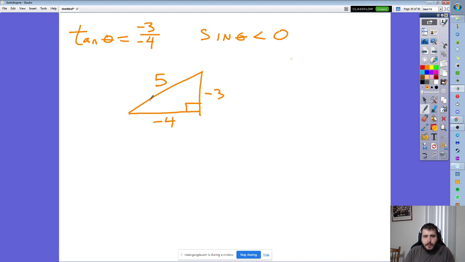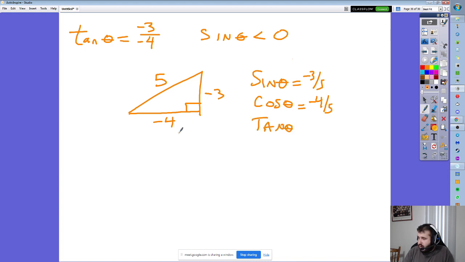And then now that we have that, we can do all of our trig functions. Sine is -3/5. Cosine is -4/5. Tangent is -3 over -4. That's why it was +3/4 to begin with, because the two negatives canceled out.